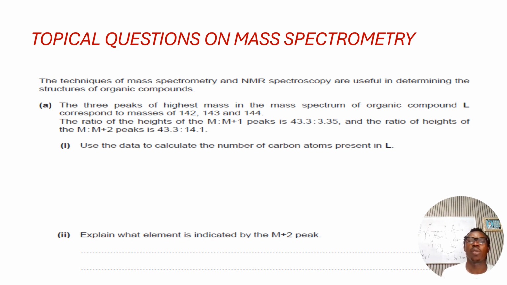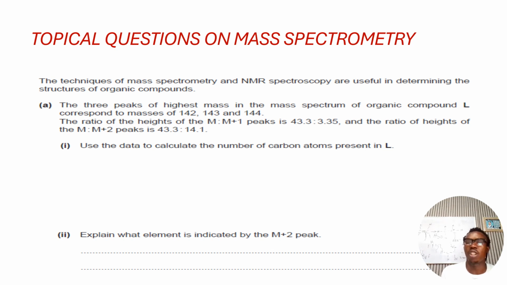The ratio of the heights of the molecular ion and the molecular ion plus 1 peaks is 43.3 to 3.35, and the ratio of heights of the M and the M plus 2 peaks is 43.3 to 14.1. Use the data to calculate the number of carbon atoms present in L.